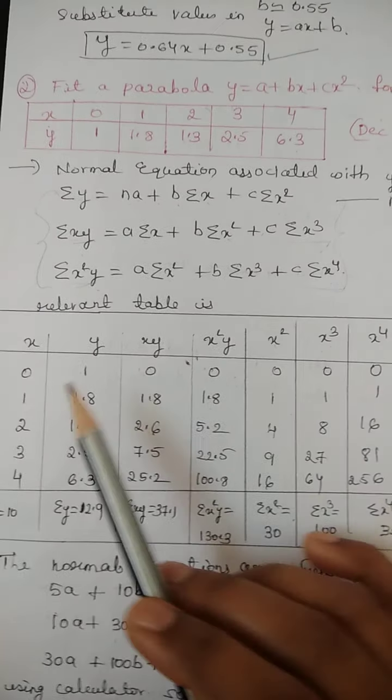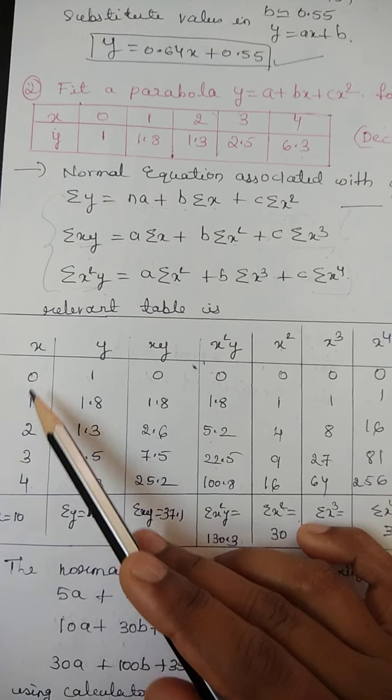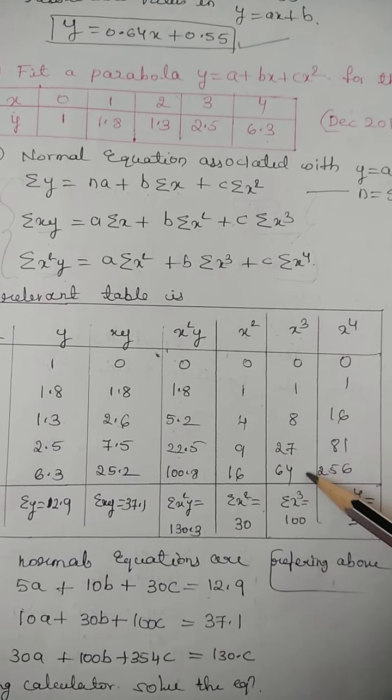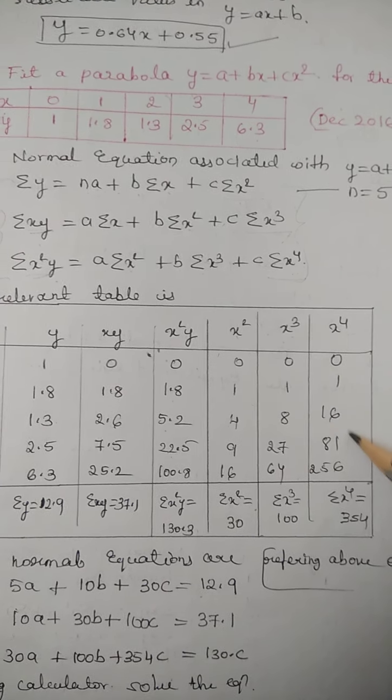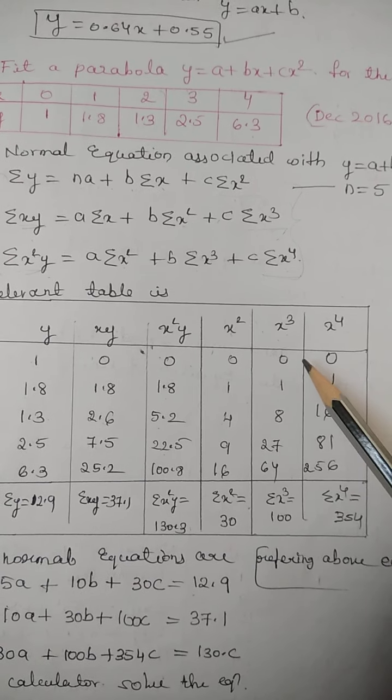Then x³: cube the first column, that is 0³, 1³, 2³, 3³, 4³, and write all the entries in the x³ column. Then x⁴: you can multiply x³ by x to get x⁴.